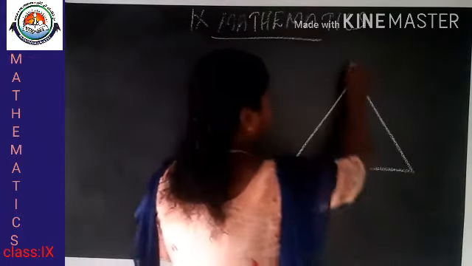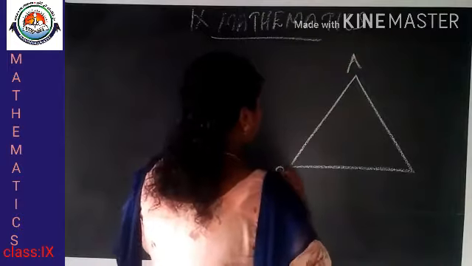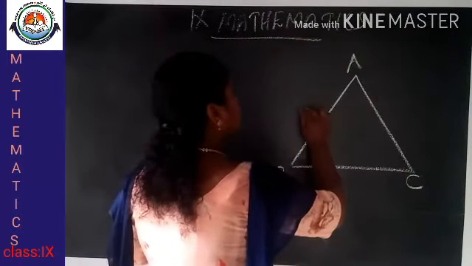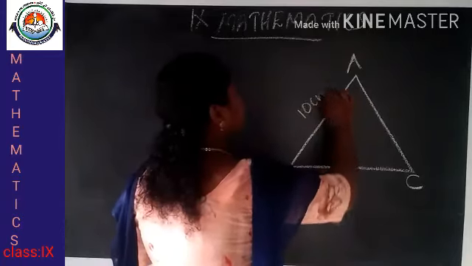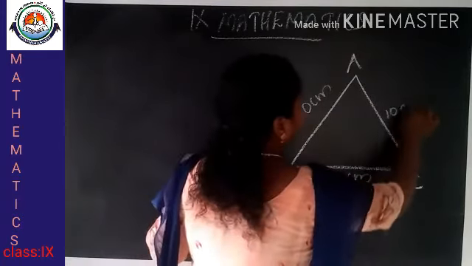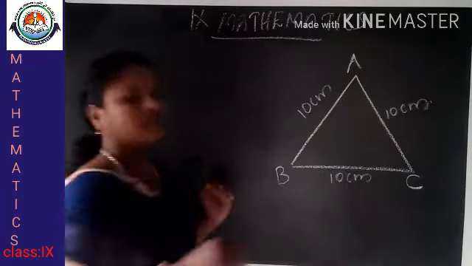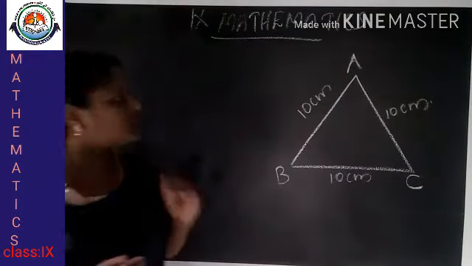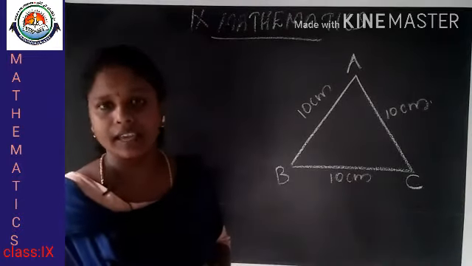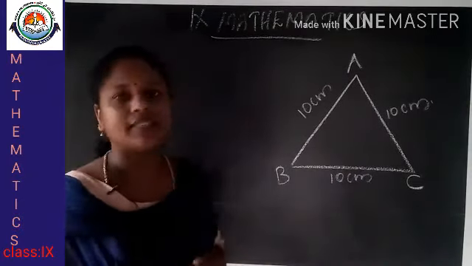Suppose this is an equilateral triangle with all sides 10 centimeter. We need to find the area of this equilateral triangle with the side 10 centimeter.